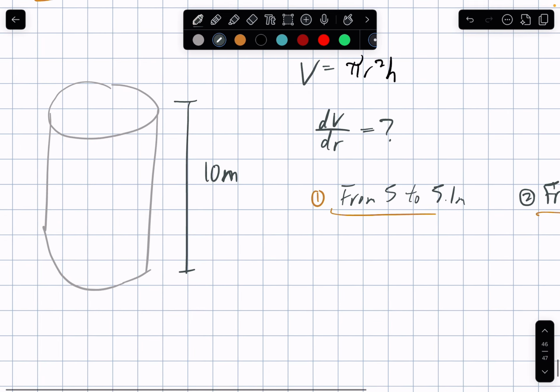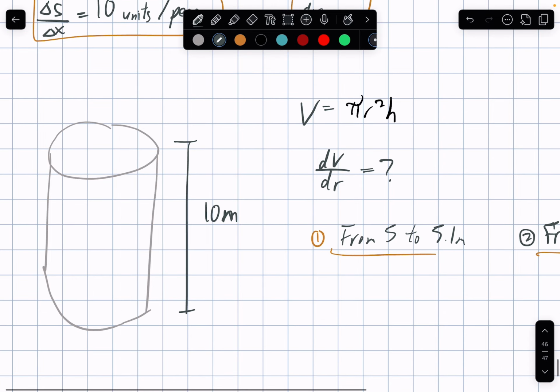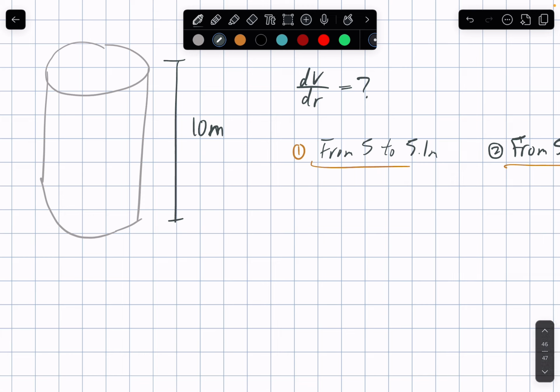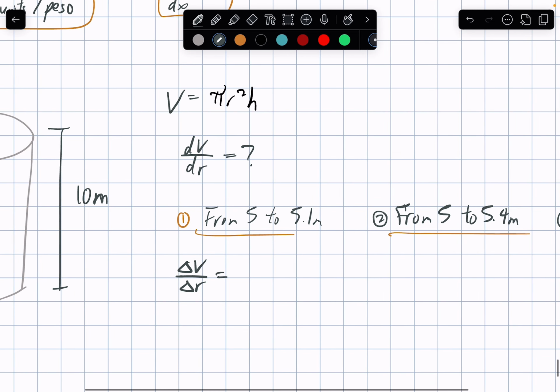Now, how do we start? So delta V over delta R. R2, this is R2, this is R1.